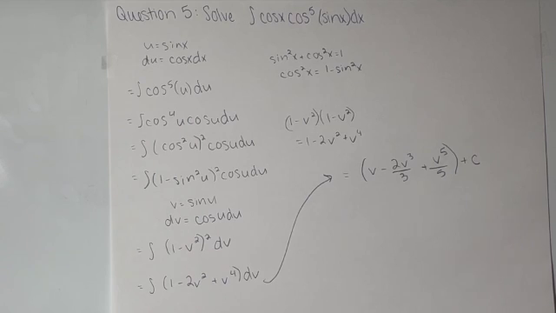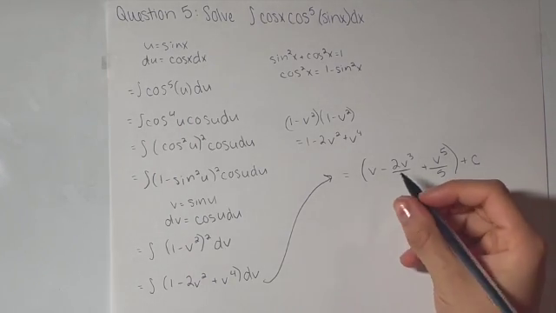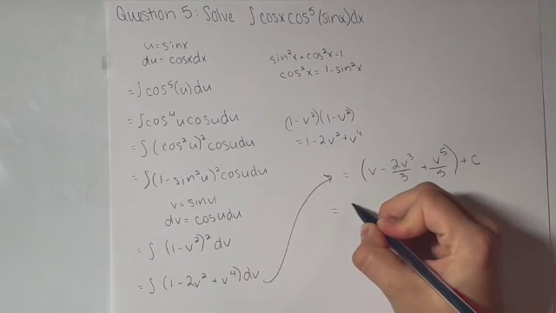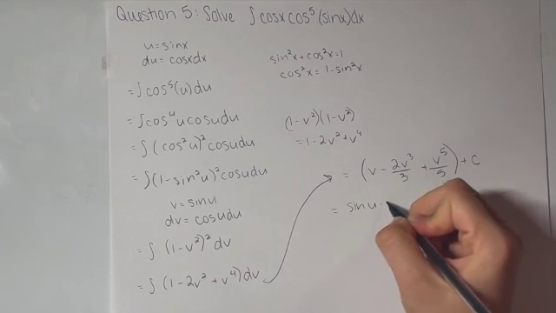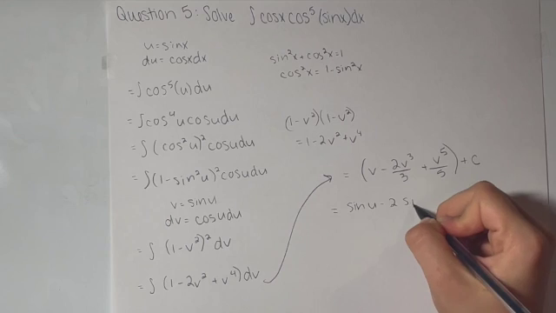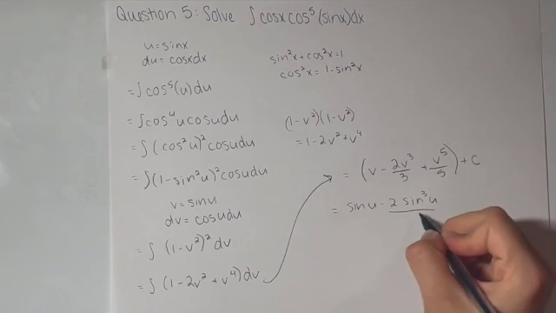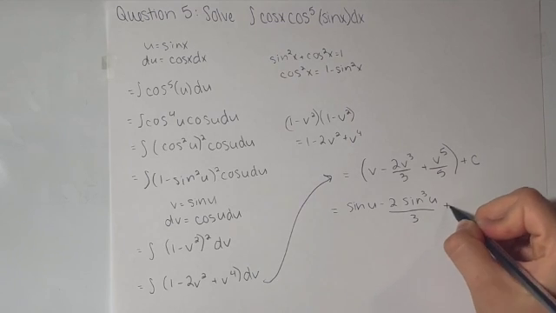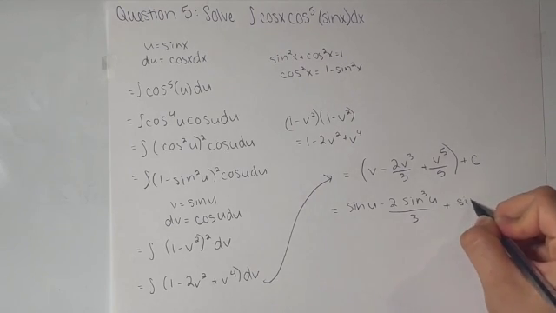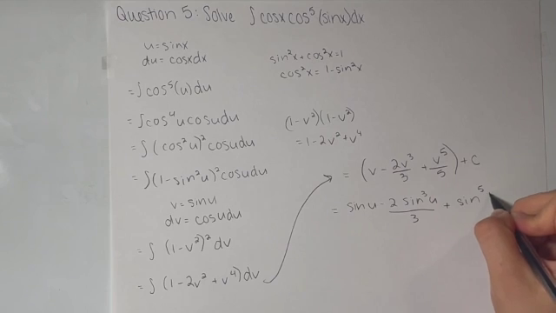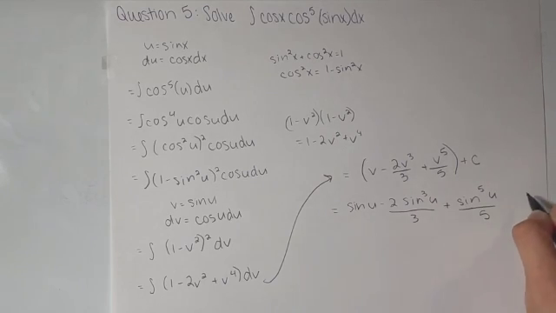We can now plug in our u's, and this will give us sine of u minus 2 sine cubed of u over 3 plus sine to the 5th of u over 5 plus c.